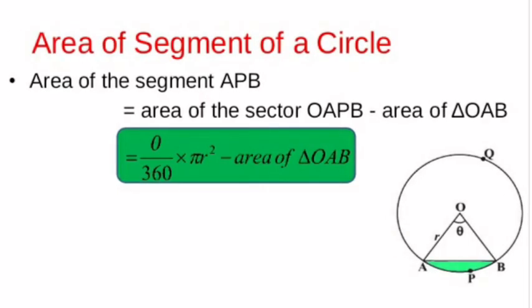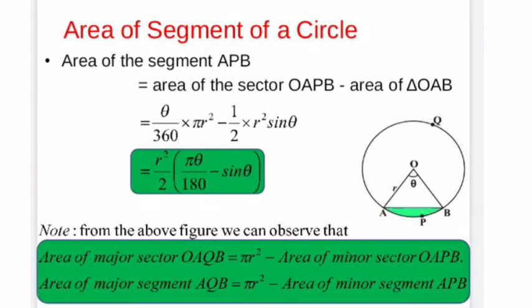Now from the figure it is clear that the area of a segment of a circle is area of sector minus area of triangle. That is theta by 360 into pi r square minus half r square sin theta, where half r square sin theta is the formula to find the area of a triangle.